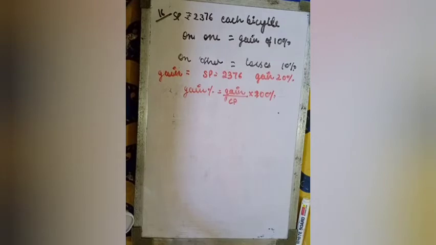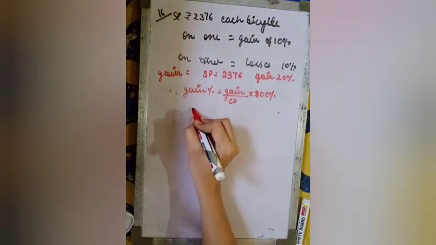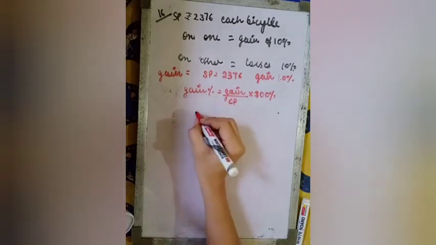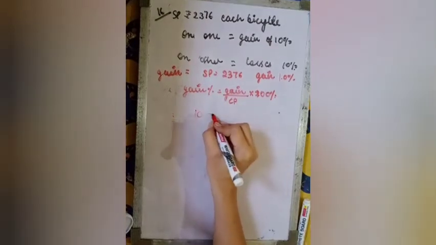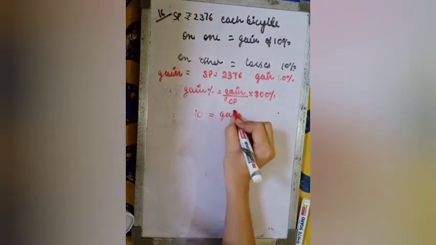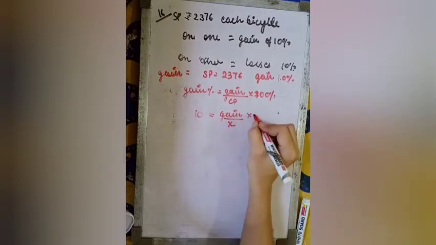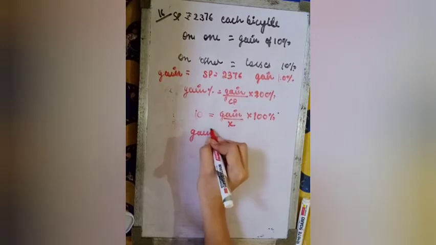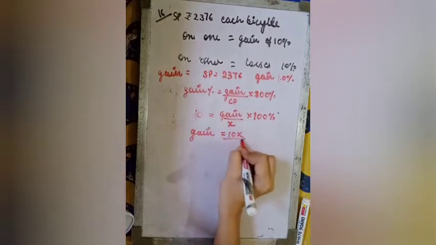Gain is 10%, so 10 into gain, let the CP be x, into 100. So gain equals 10x upon 100.